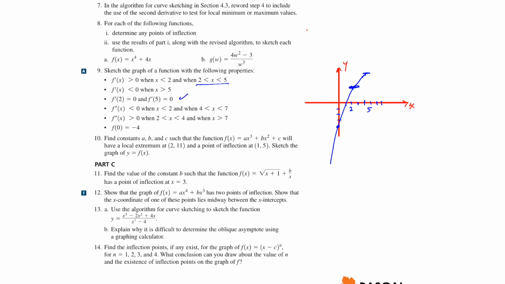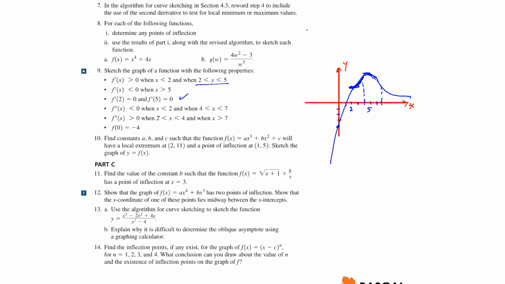When x is more than 5, it is decreasing. It's moving downward after. For x between 4 and 7, it is concave down, and after 7 it is concave up. For x between 2 and 4, the function is concave up.